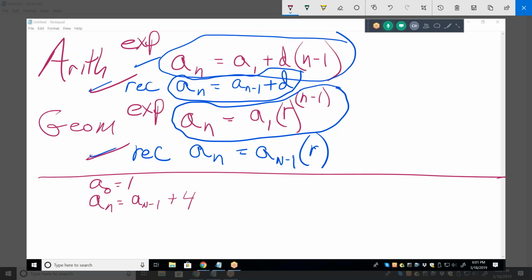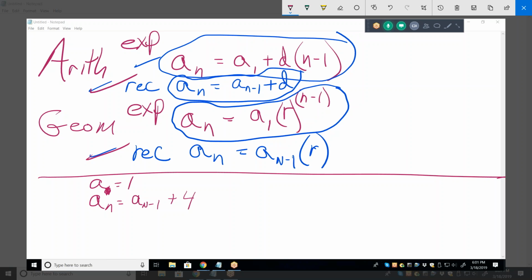First of all, let's get our terminology straight. A sub 0 is the first term? It gives us a sub 0 equals 1. Right. But by definition, shouldn't that be a sub 1, first term? I know, but if we look at our definitions, we're using a sub 1. And there is a difference between a sub 0 and a sub 1.